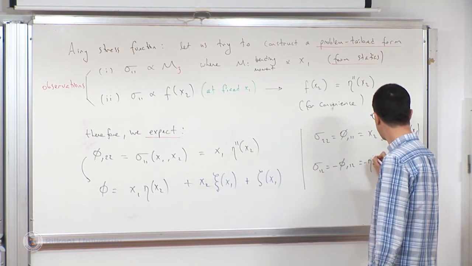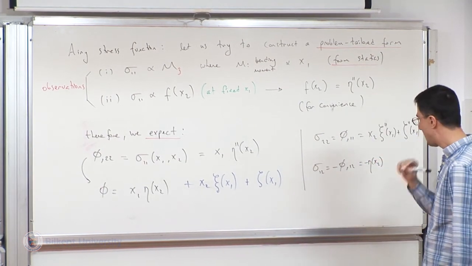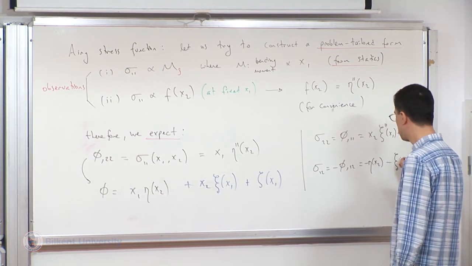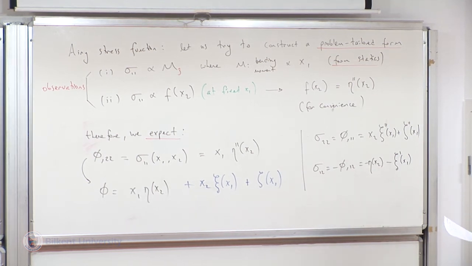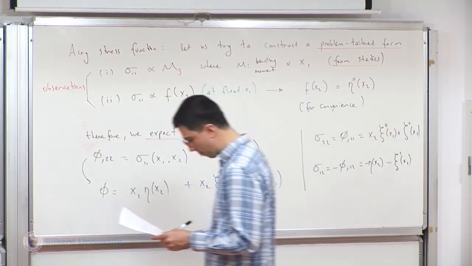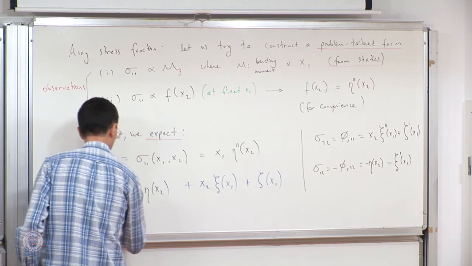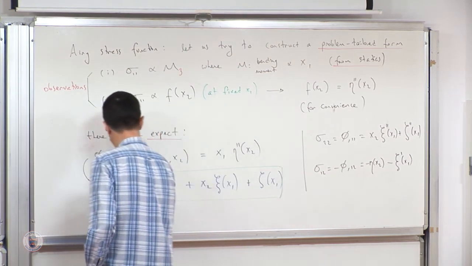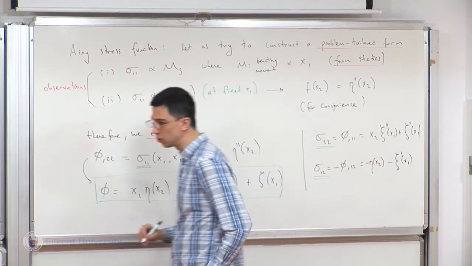So it's minus eta x2 and then minus xi prime of x1. All right, so now we have the Airy stress function form. That's the form. And we also have the stresses, sigma 1, 1, sigma 1, 2, and sigma 2, 2.